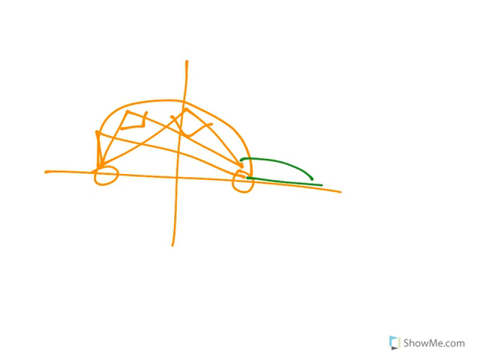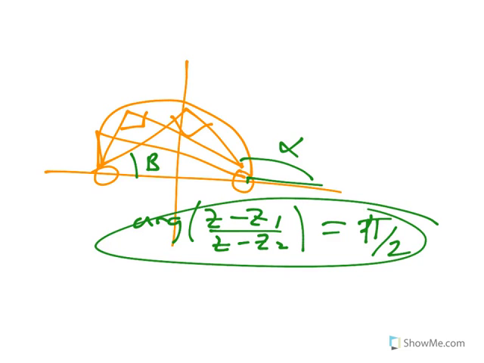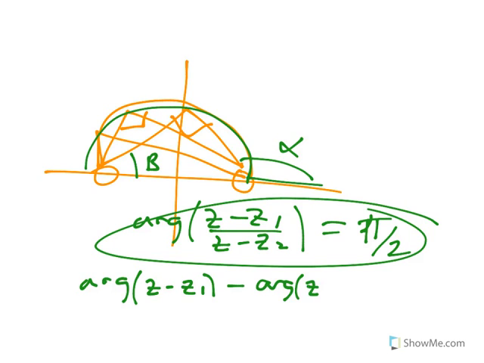So this one is your alpha, that's your beta, and if arg (z − z1)/(z − z2) equals 90, then that will always just be a half circle, because the difference between these two angles is equal to 90, and the angle in a semicircle is always 90. So alpha minus beta is always equal to pi on 2.